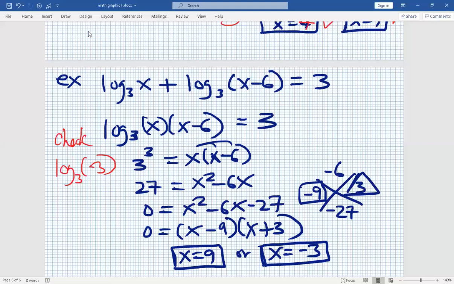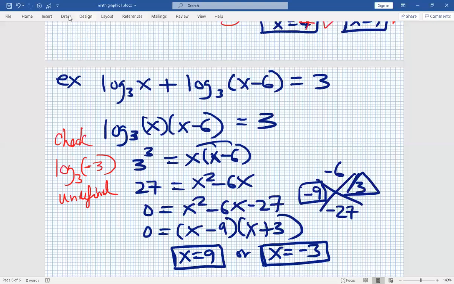No, because remember, domain restriction, this value cannot be negative. My pen's acting up, let me slow it down a little bit. It's -3 right there, so that cannot be negative. So this is undefined, or it doesn't work.